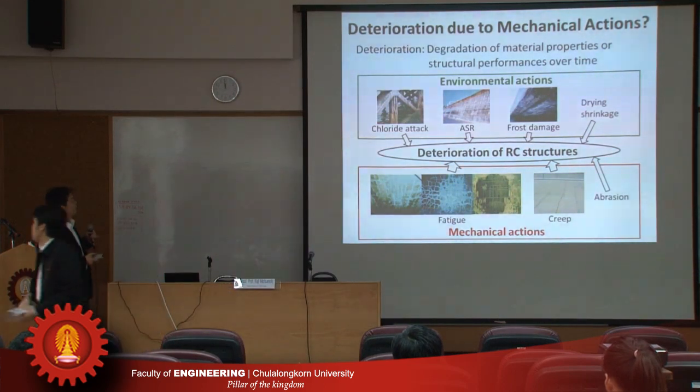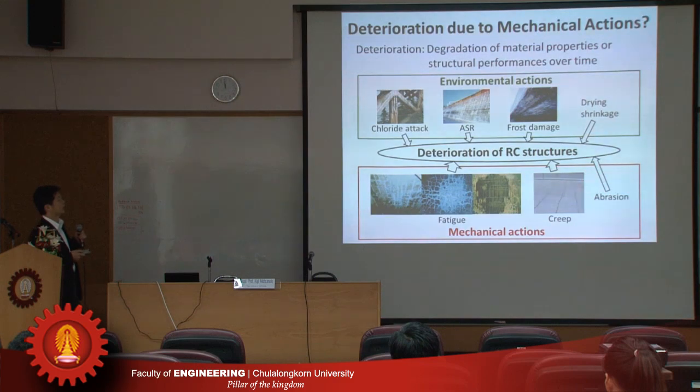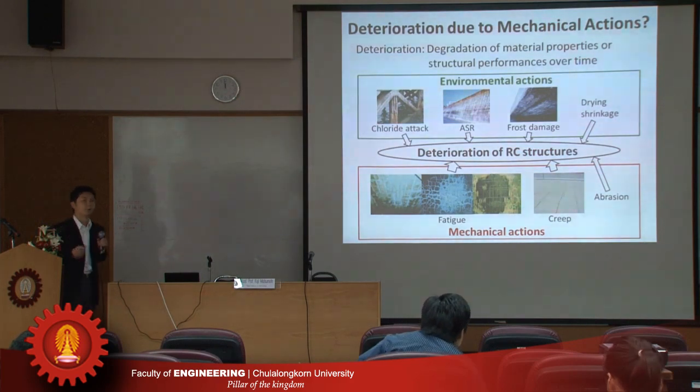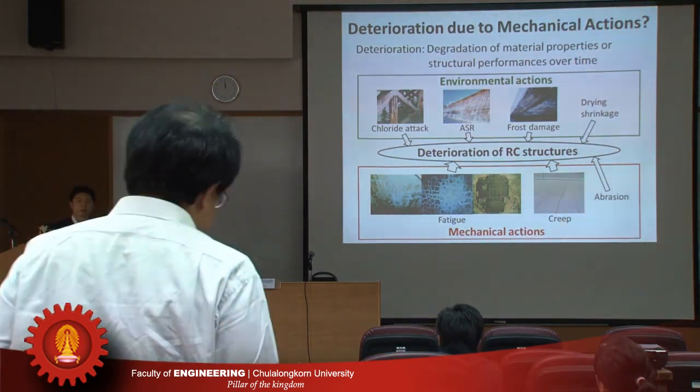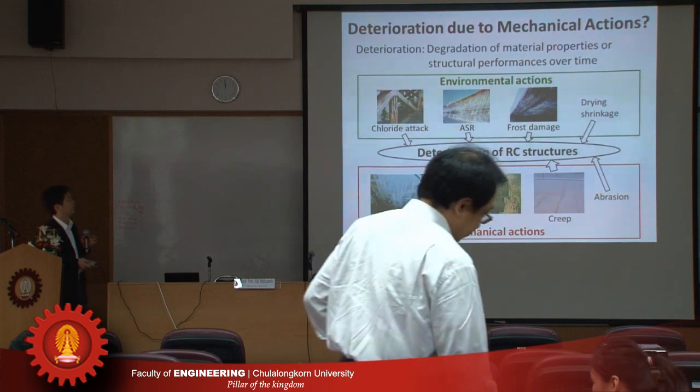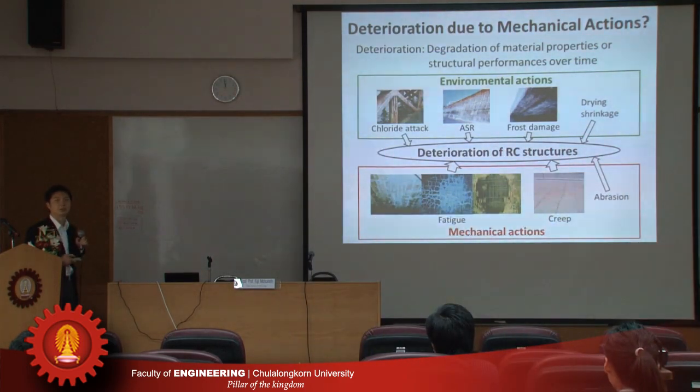As for the deterioration of concrete, you can imagine chloride ion attack, alkali silica reaction, frost damage, or drying shrinkage, and so on. They are caused by the environment surrounding the structure, so-called environmental actions.